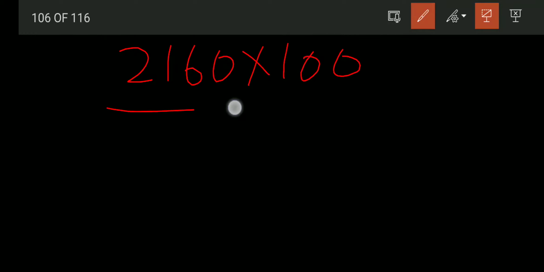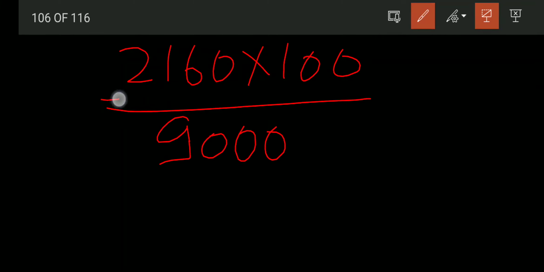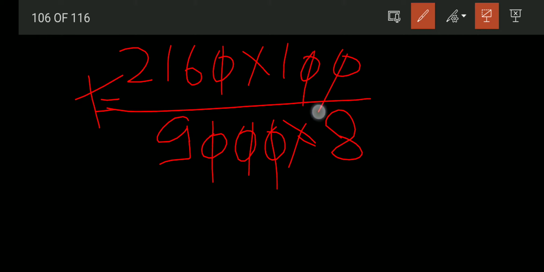See, this is interest 2160 into 100 divided by P, is how much? 9,000. We are calculating T. Okay, so P into R. What is rate of interest? That is 8%. So how many zeros? 1, 2, 3, 1, 2, 3. So these 3 zeros get cancelled.